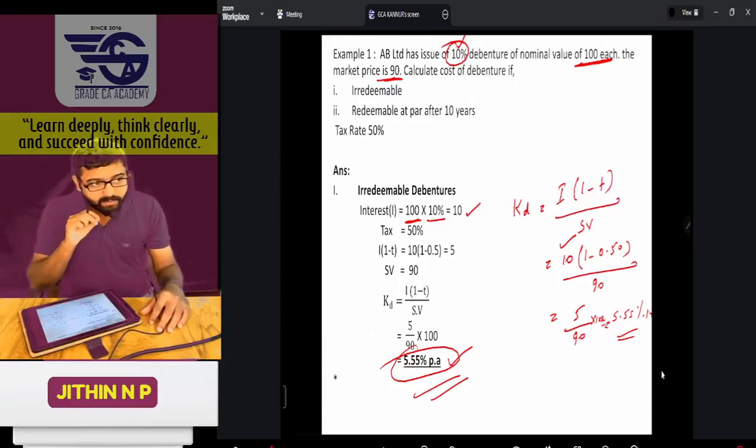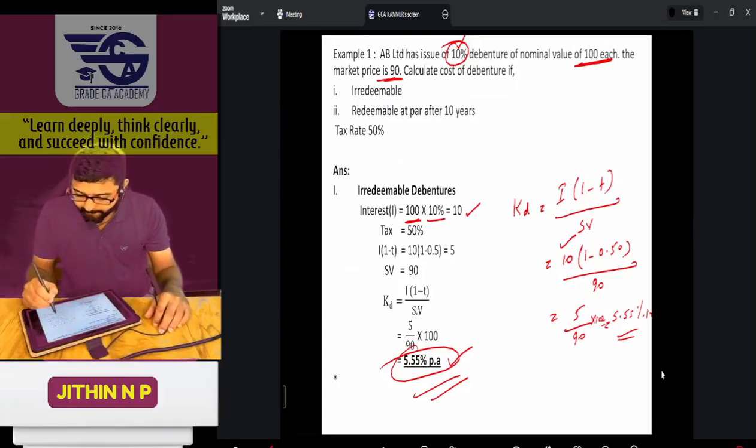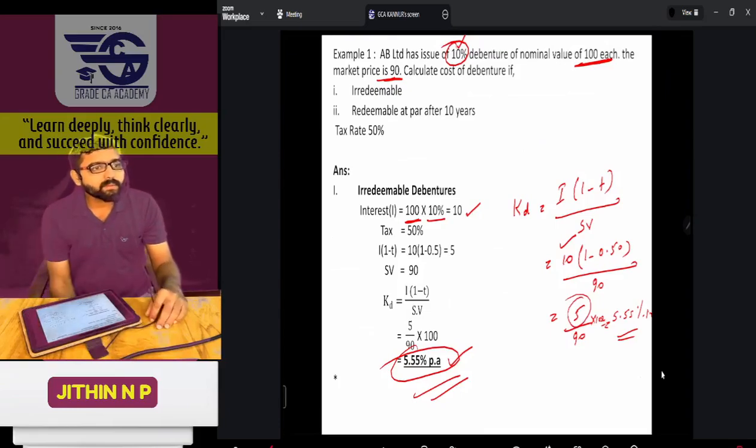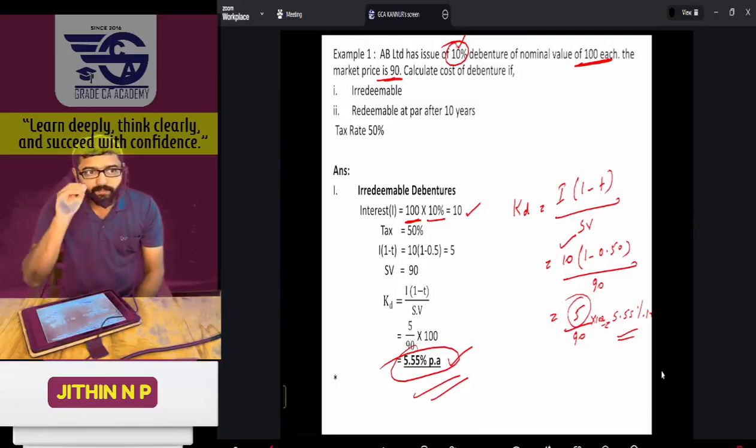Actually, with this debenture, the company's net cost is 5 rupees. 10 rupees is the debenture interest. Because of the 10 rupees we are paying to debenture holders, we are saving 5 rupees of tax.